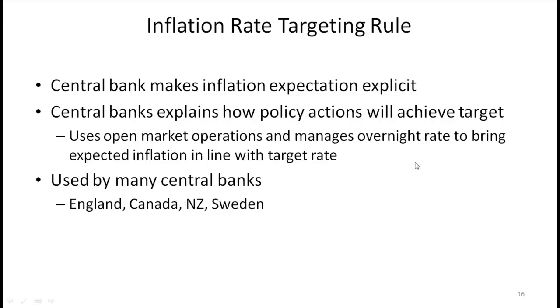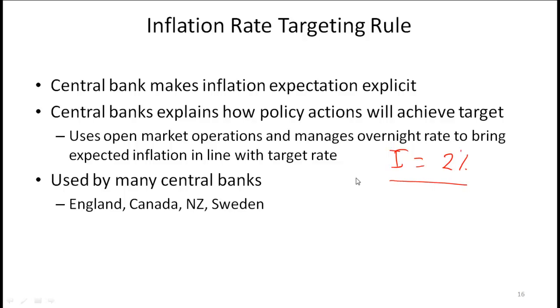So if the target rate is 2% for inflation, then all the actions that the central bank will take will be made transparent, and those actions will be such that the economy moves towards an inflation rate of 2%. This strategy is used by many central banks including the Bank of England and the central banks of Canada, New Zealand, and Sweden. So that is it for monetary policy.